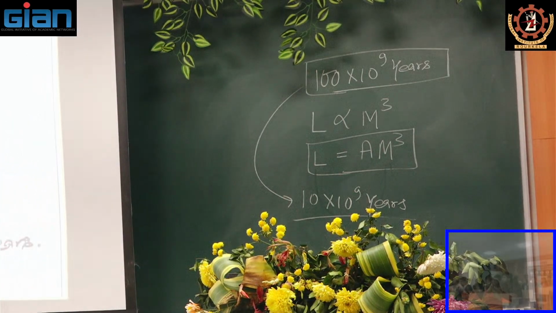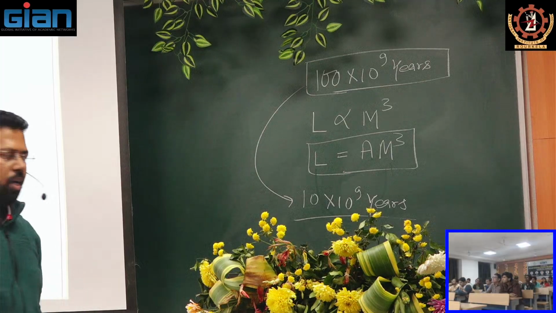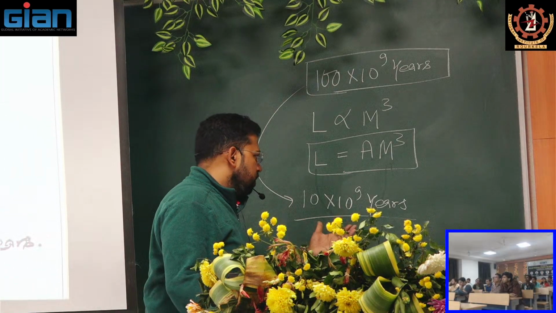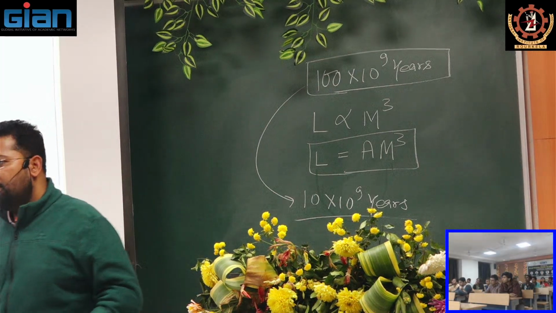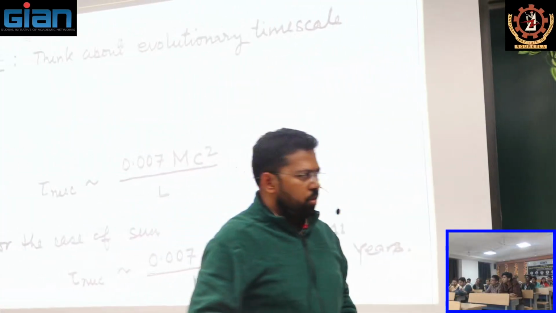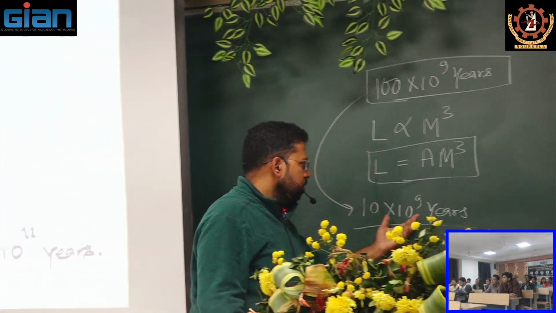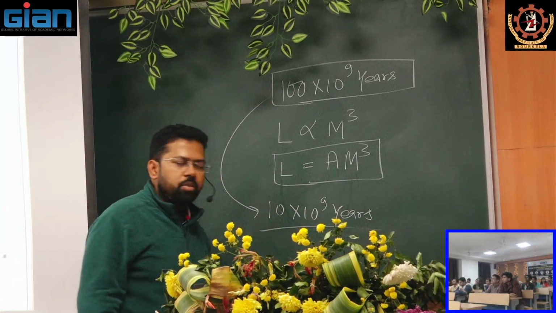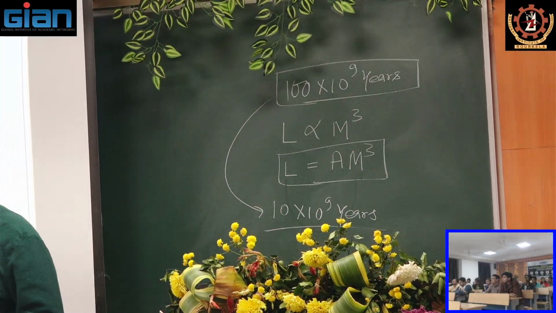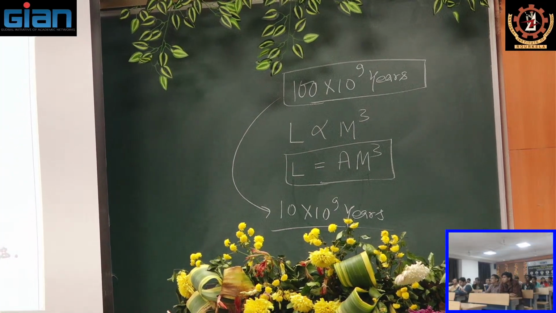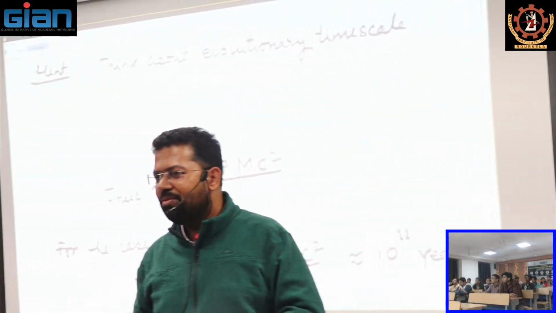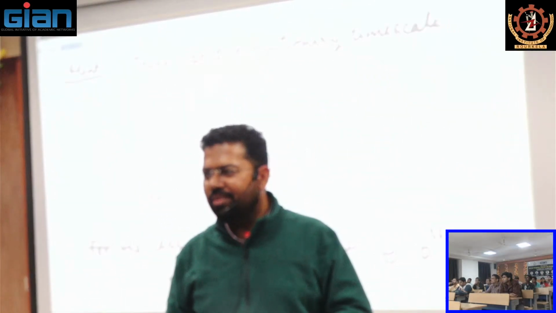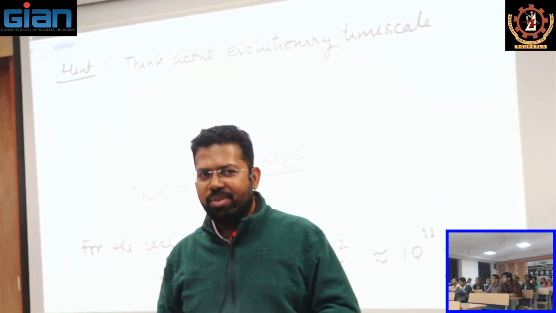A star like our sun can have a lifetime, or the nuclear time scale, or the evolutionary time scale, of the order of a few billion years. For example, in this case we are getting 10 billion years. The question is, why only 10% material will be available for nuclear burning? Any basic argument?